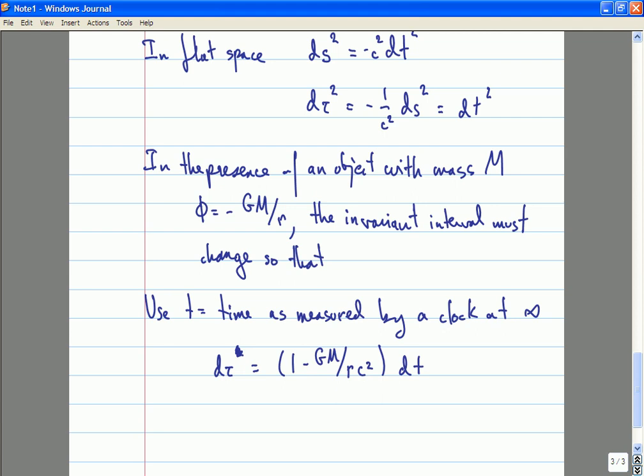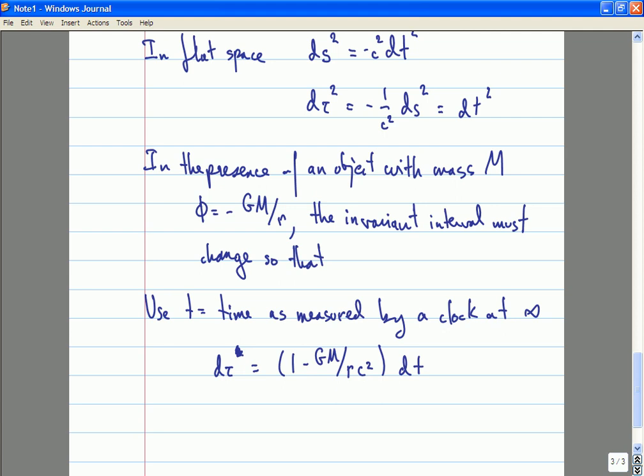So just to recapitulate, dt is the time interval between two events as measured by someone out at infinity. And d tau is the time interval between two events as measured by someone at finite radius. And another way of stating our observation of gravitational time dilation is that d tau should be related to dt by this factor of 1 minus GM over r c squared.